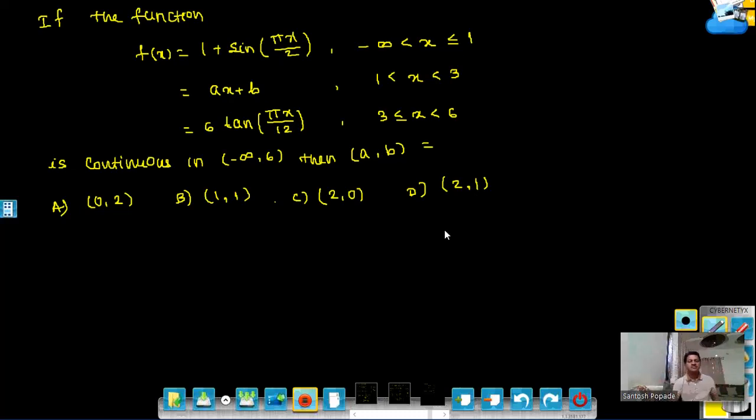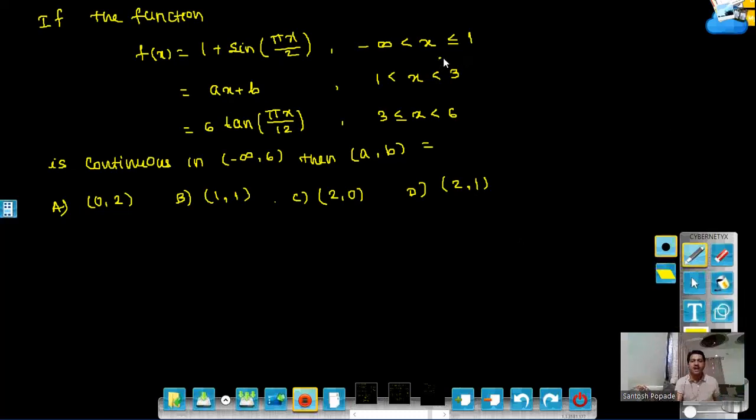It is continuous in the interval minus infinity comma 6, then we have to find the values of a and b. We know that if a function is continuous in the interval, then it is continuous at each point of its domain, and therefore it is continuous at 1 and at x equal to 3 also.